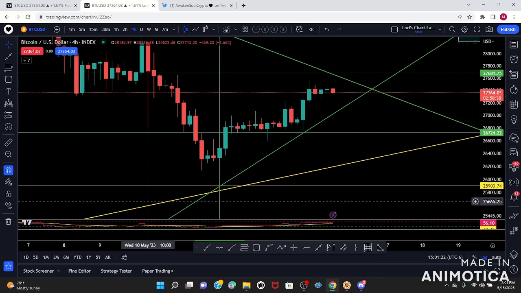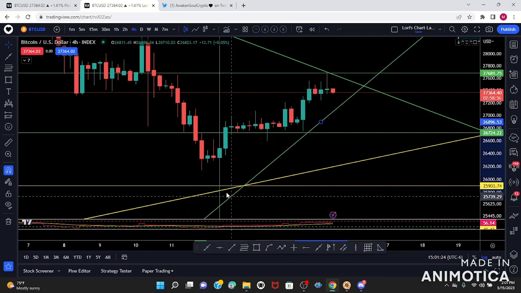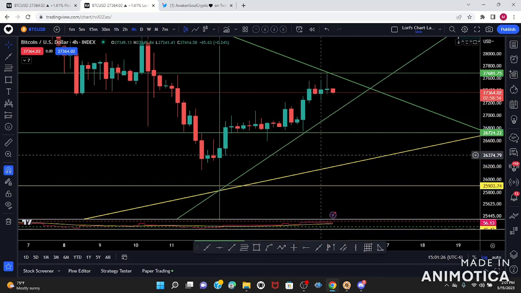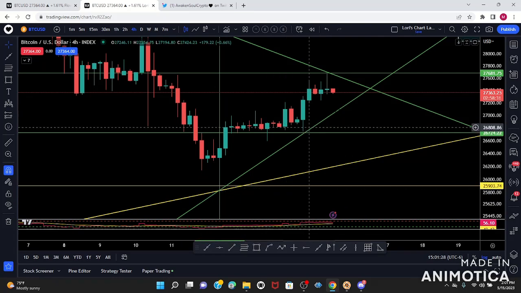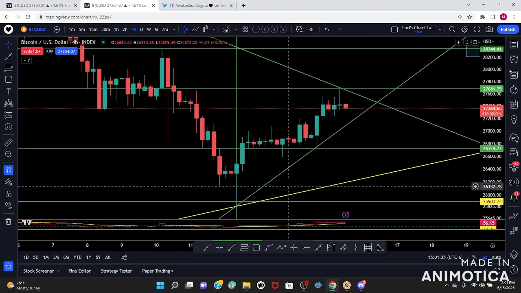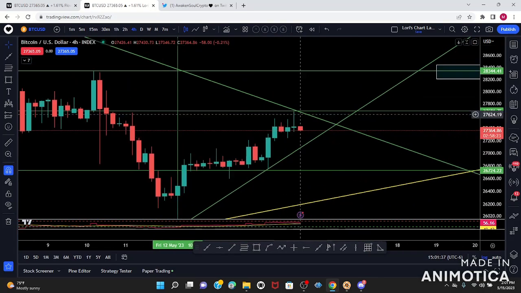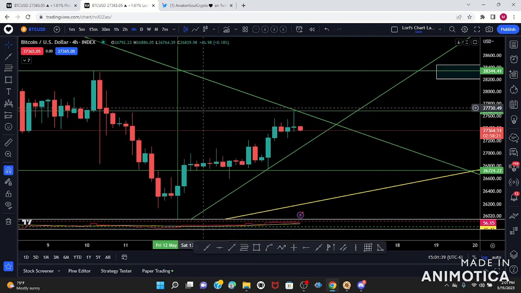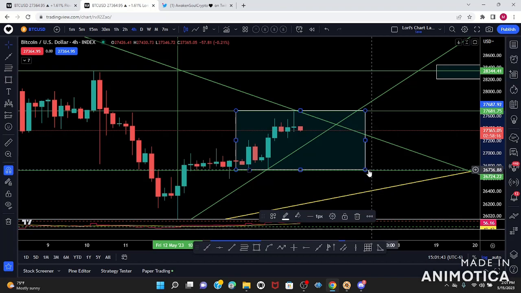Let me turn on my magnet here. Okay. So one touch, two touches, that makes it a support. Beautiful. So I have resistance, support, and my range, my 4-hour range right here.